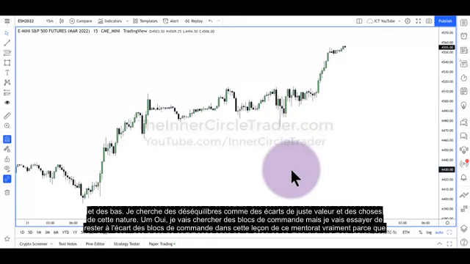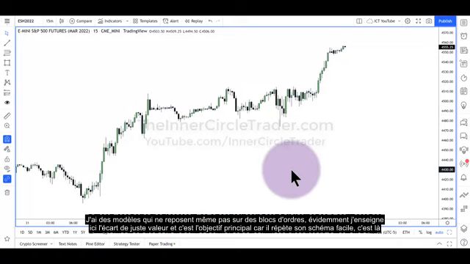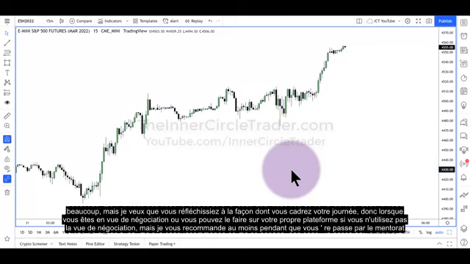I'm looking for imbalances like fair value gaps and things of that nature. Yes, I'll look for order blocks, but I'm going to try to stay away from order blocks in this lesson, in this mentorship, really, because I have models that don't even rely on order blocks. Obviously, I'm teaching fair value gap here, and that is the main focus because it repeats. It's an easy pattern. It's there a lot.